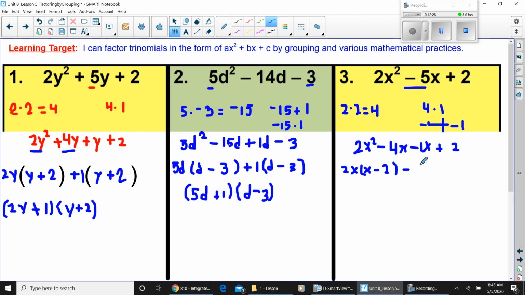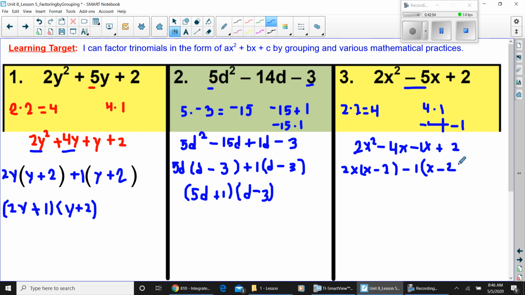Then I am going to bring out the negative 1. Negative 1 times what equals negative 1x? Negative 1 times what equals a positive 2? A negative times a negative equals a positive 2. Sorry, that's a bad 2.